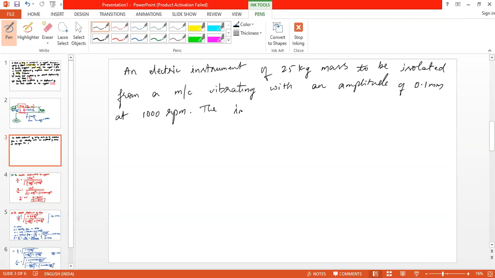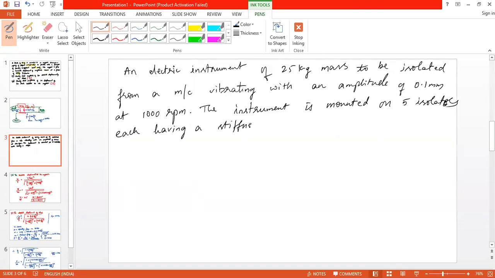The instrument is mounted on 5 isolators, each having a stiffness of 30,000 Newton per meter and the damping constant C as 400 Newton second per meter.